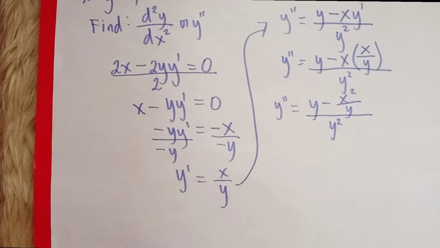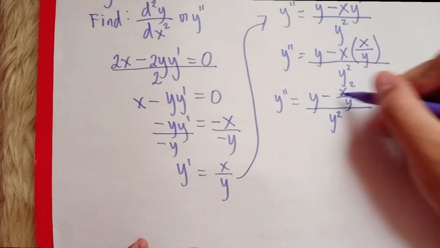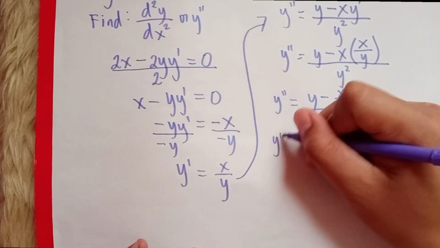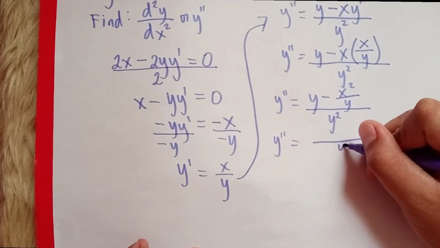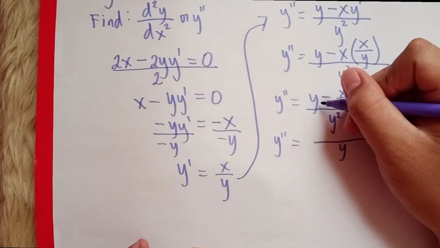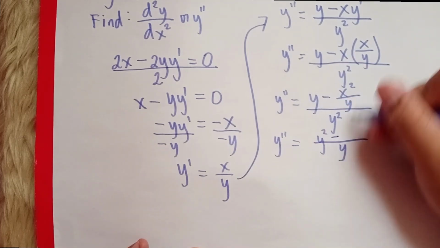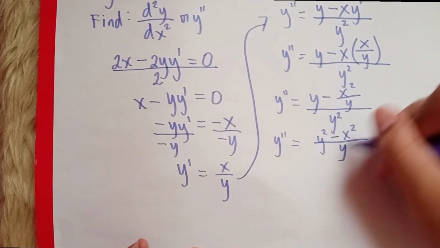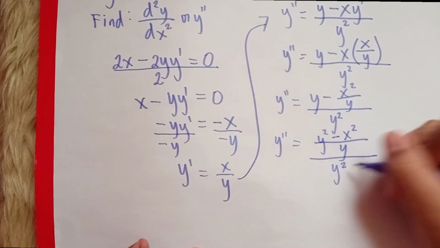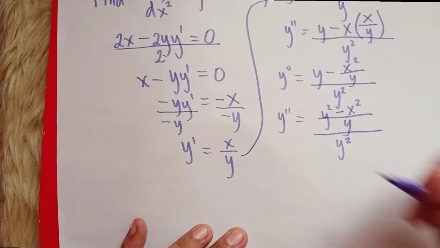Okay? So, simplifying further, kunin natin yung LCD nito, that is y. So, may 1 dito mga boss. Y divided by 1 is y times y, that is y squared, minus y divided by y is 1 times x squared is x squared, all over y squared. Okay?